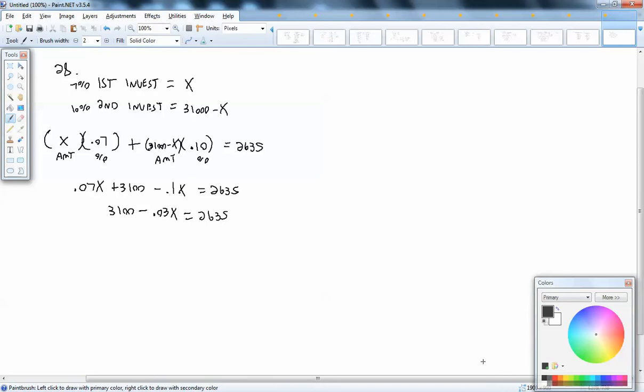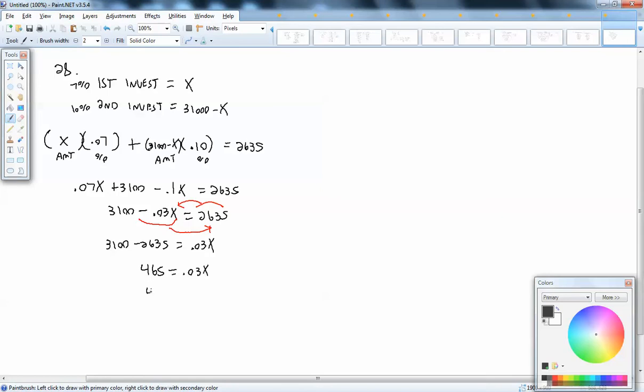Now we'll get everything with an x on one side, numbers on the other. So I'll move this over to the right side, and move this over to the left side. So we got 3,100 minus 2,635 is equal to 0.03x. 3,100 minus 2,635 gives us 465, equals 0.03x.